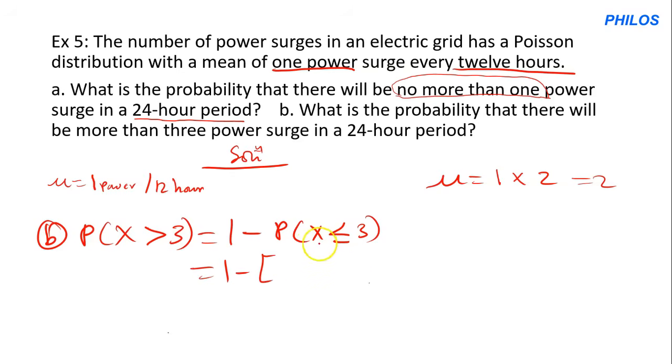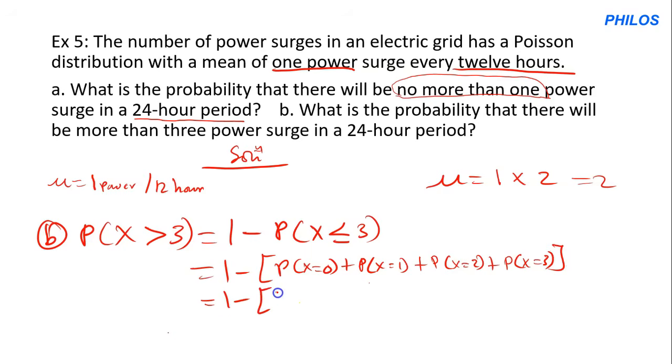Now, what are the values less than or equal to 3? We have x is exactly 0, or x is exactly 1, or x is exactly 2, or x is exactly 3, since 3 is inclusive. So we have 1 minus, into brackets. The mean is 2, because this question is also asking for 24 hours.